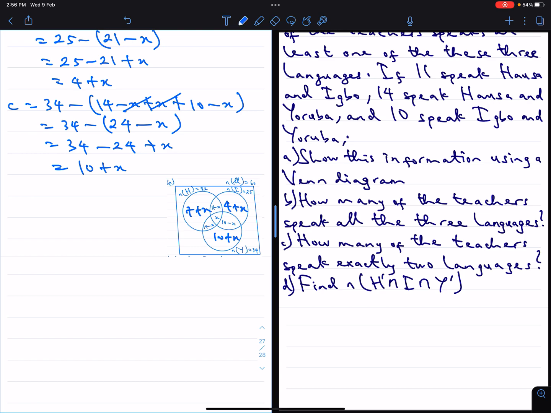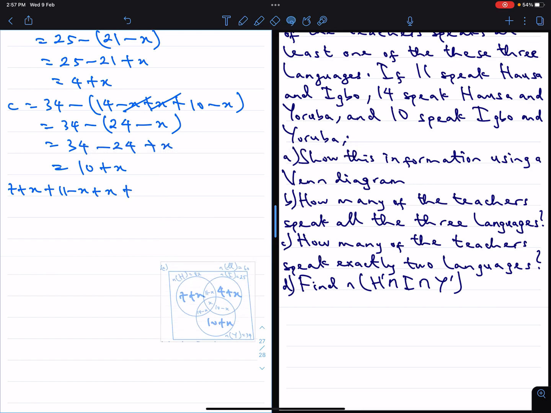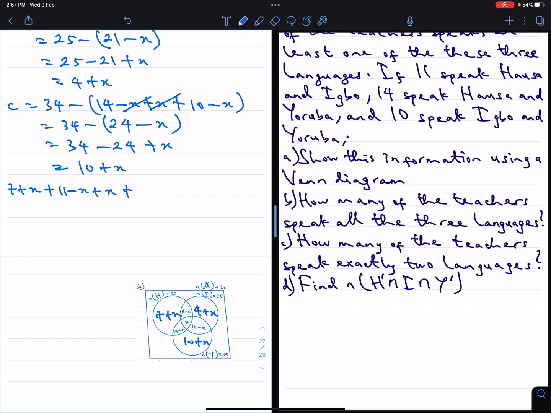So I can now say 7 plus x plus 11 minus x plus x plus 14 minus x plus 4 plus x plus 10 minus x plus 10 plus x equals 60. The whole of that will give you everything inside the rectangle.